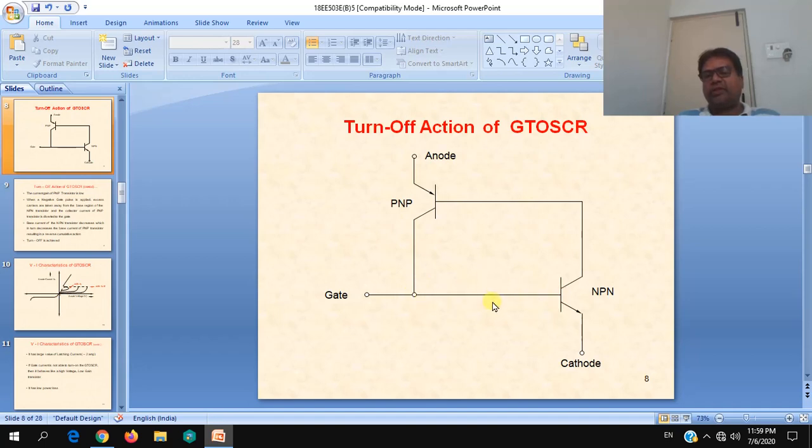From the base region of the NPN transistor, now as gate is negative with respect to cathode, they will be taken out from the base region of the NPN.